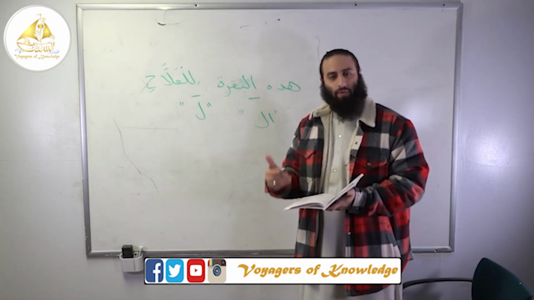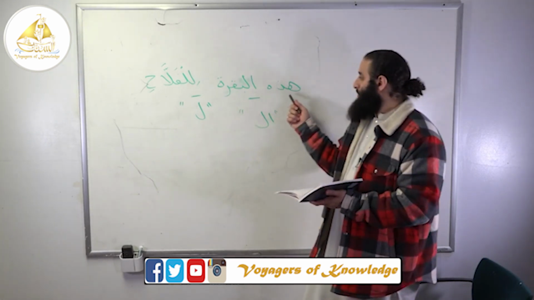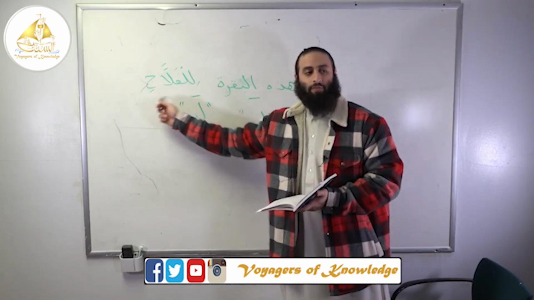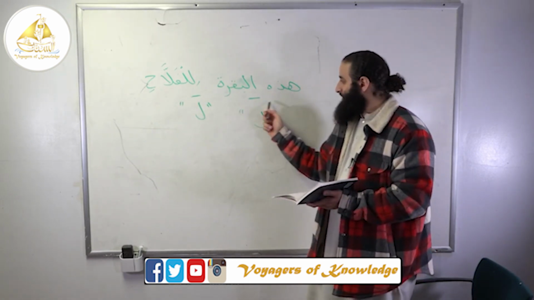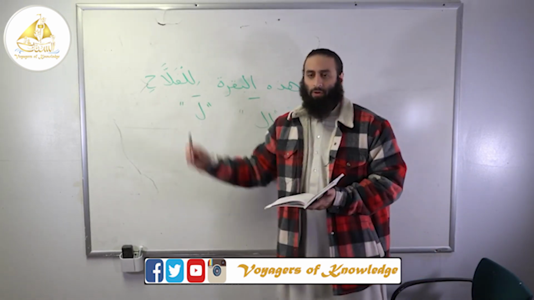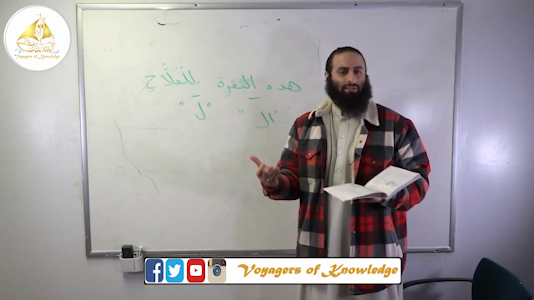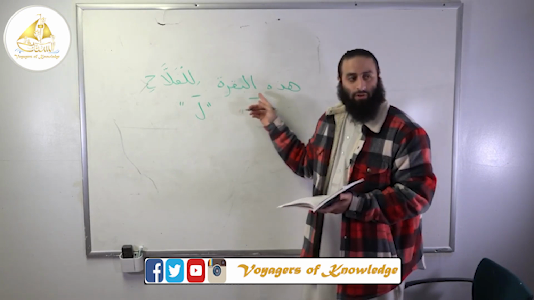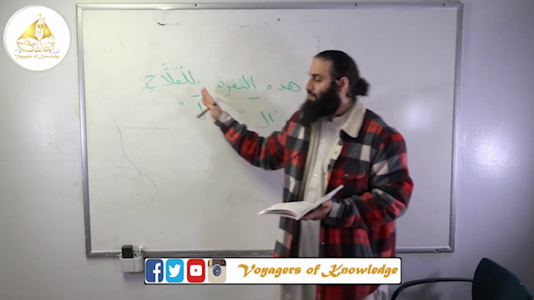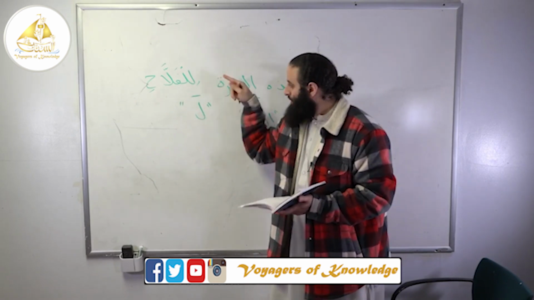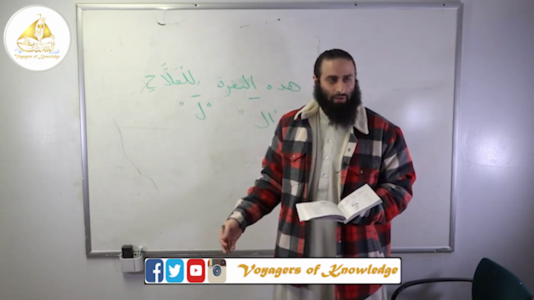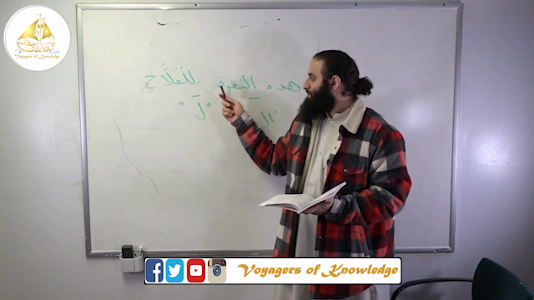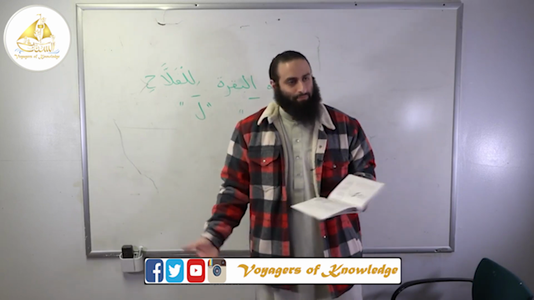Whereas in English, this is the farmer's cow. There's no is in the Arabic language. When we say هذه البقرة للفلاح, there's no is here, but we're going to say is because Arabic doesn't use it. Is for the farmer, or belongs to the farmer.